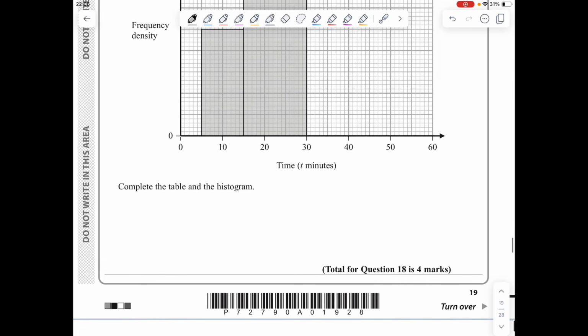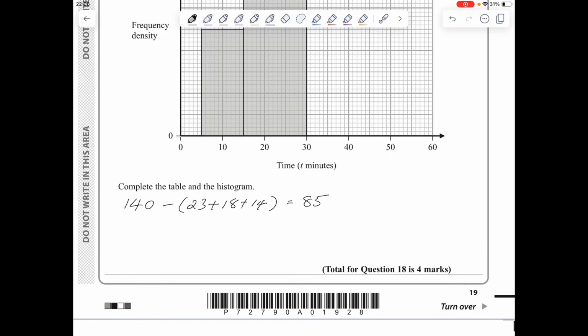I will use the fact that the frequency for those two categories combined is equal to 140, which is the total, minus the three frequencies that I have, which is 23, 18, and 14, and this will give me 85.